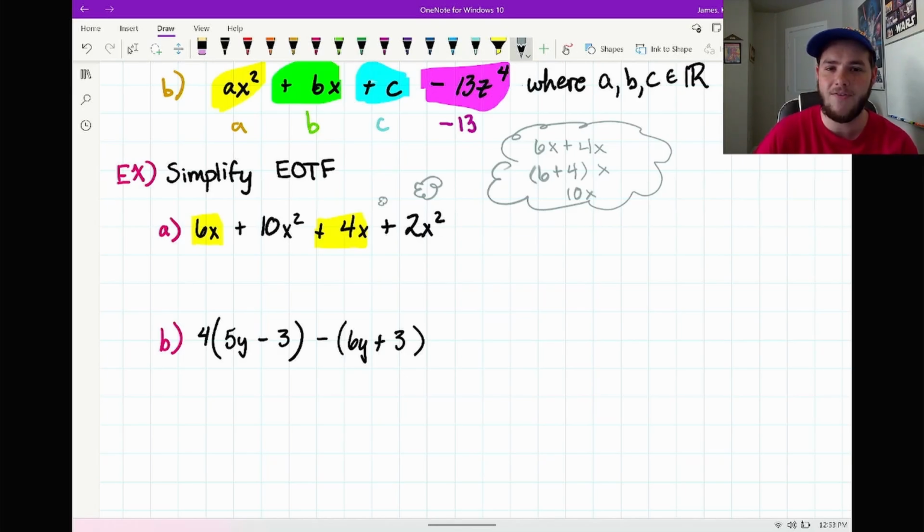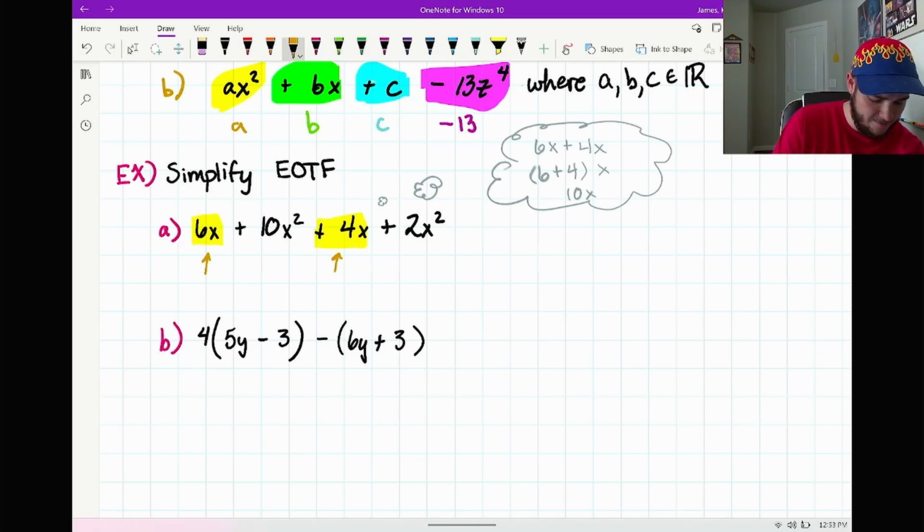But I have an easier way to maybe digest how to combine like terms. And I do not mean to insult anyone's intelligence by saying this because I still use this trick. If I have 6 grapes and somebody hands me 4 more grapes, how many grapes do I have? 10. Right? I have 10 grapes.